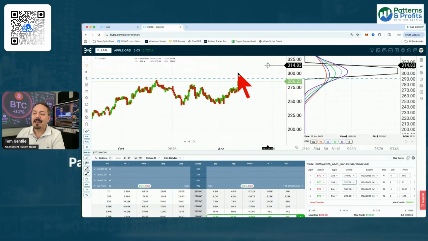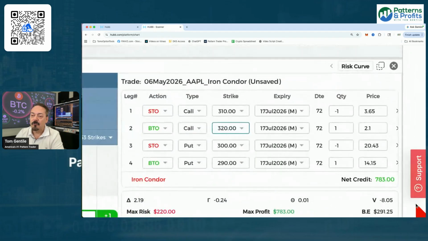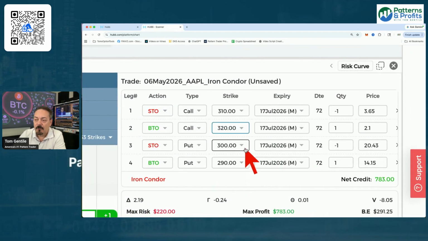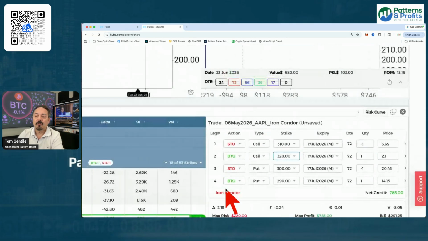So I've done that in this example. And what I've done is I've taken that non-directional Condor and I've put the 290, the 300, the 310, and the 320 on here, right? But if I want my sweet spot to be 315, then what I'm selling on the put side and what I'm selling on the call side need to be at the 310, 320 strikes.